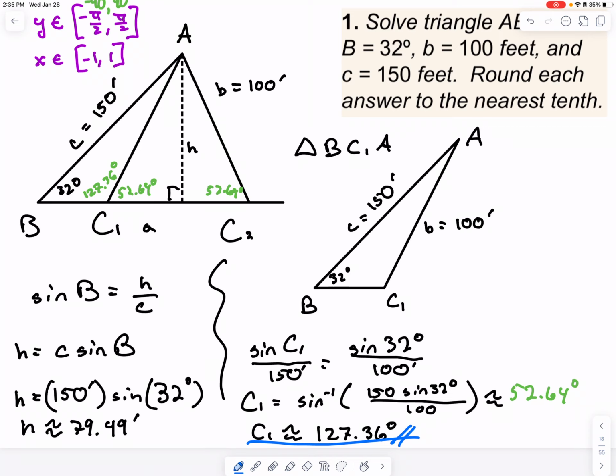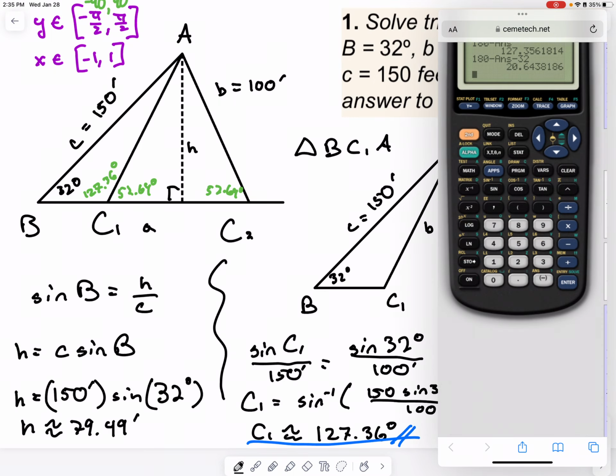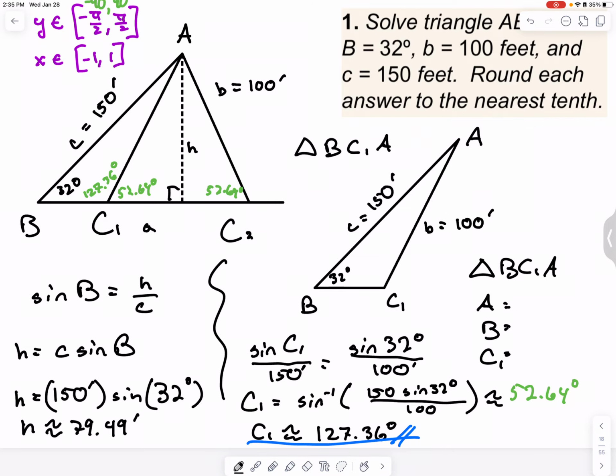So maybe we should just do a table for triangle ABC1. For angle A, we got 20.64 degrees. Angle B was given at 32 degrees.